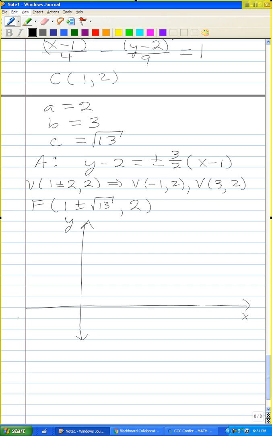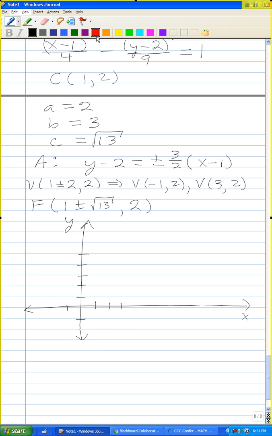X, Y. So the center is at 1, 2. Let me go 2 in the X, 3 in the Y, 1, 2, 3.